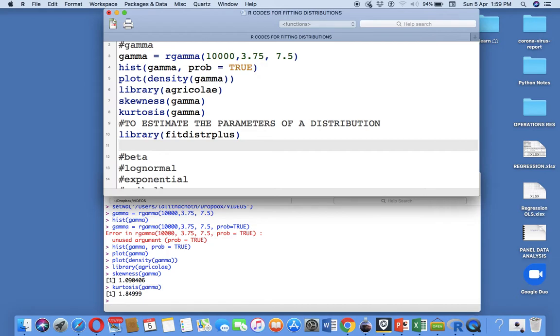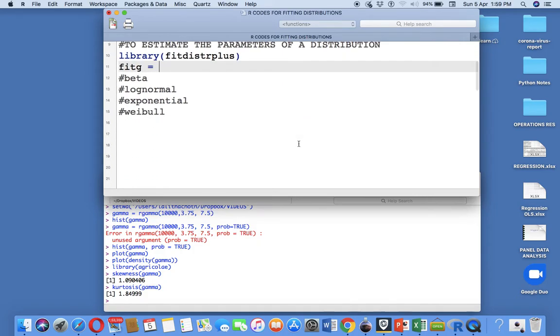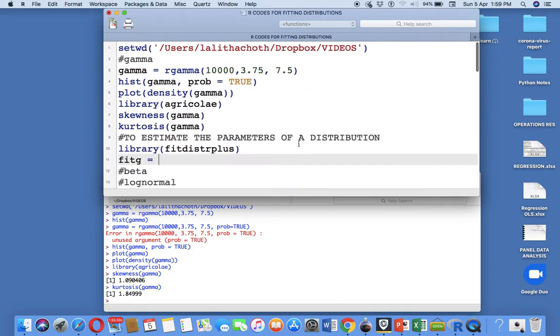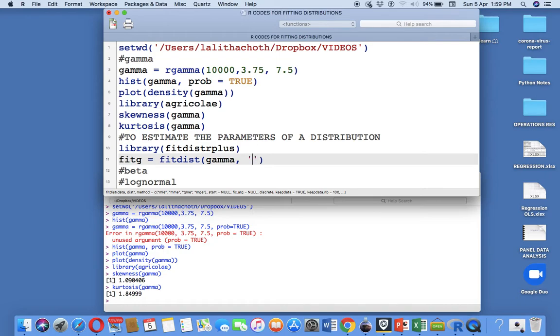So now I'm going to call the data fit G. That's my output. G equal to fitdist. I'm going to fit a distribution to this data called gamma.